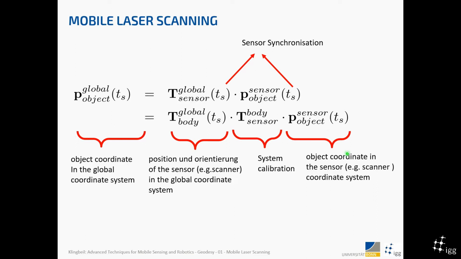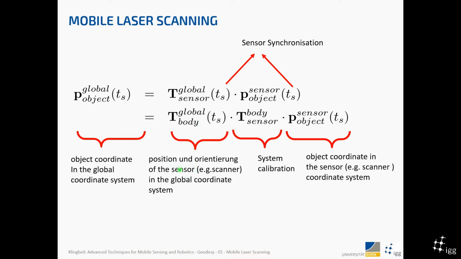So this is the object coordinate in the sensor coordinate system at a certain time ts. Then you have the system calibration, which tells you where the sensor is mounted and oriented on the platform, on the body of the vehicle, and then you have the position and orientation of the body in the global coordinate system.